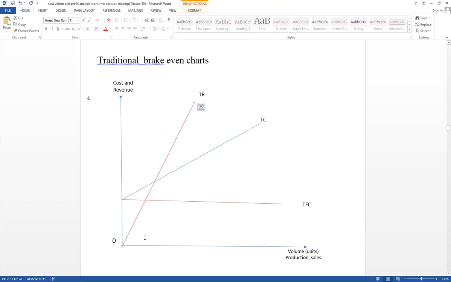Break-even point: for running the business, neither profit nor loss. You have to know how many quantities should be sold. This is called the break-even point. Total revenue equals total cost. Therefore, this is the break-even point.